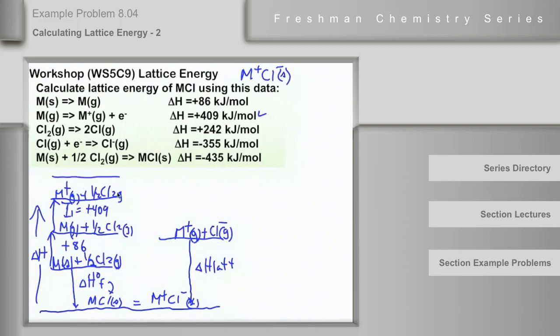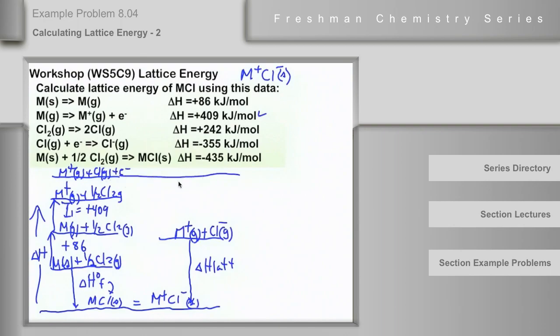Then we could take the 1/2 mole of Cl2 and make a mole of Cl from it. So then we would have M+ gas plus Cl gas plus an electron.